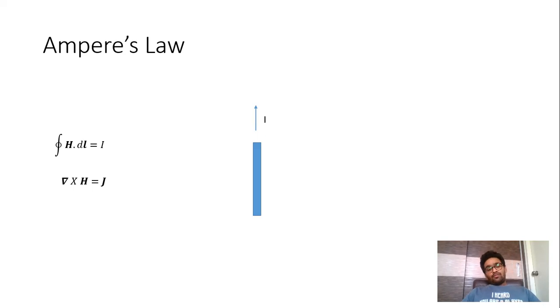This was the fourth Maxwell equation, nothing but Ampere's law, which states that if you have a long current carrying conductor, then you will have a magnetic field around this conductor. That was also a great discovery.